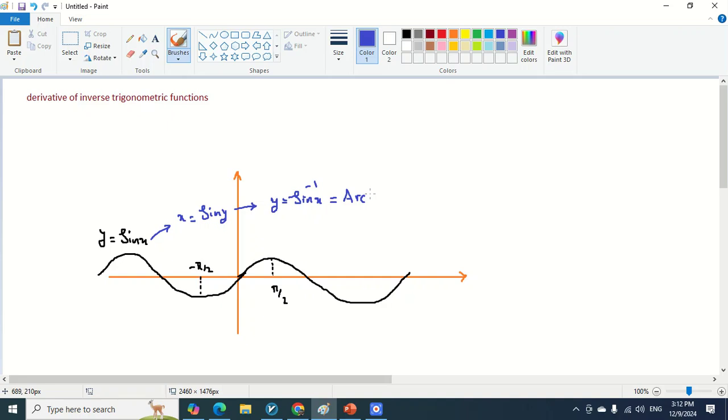Because the function should be one-to-one and this function is not, let me mention why it should be one-to-one. We said that we have a function if for one input we have one output. So look at it, for one x we cannot have two y.